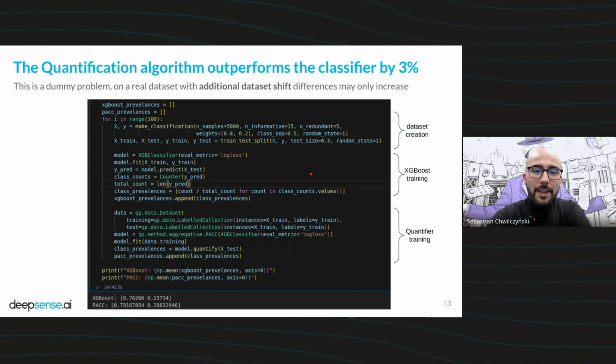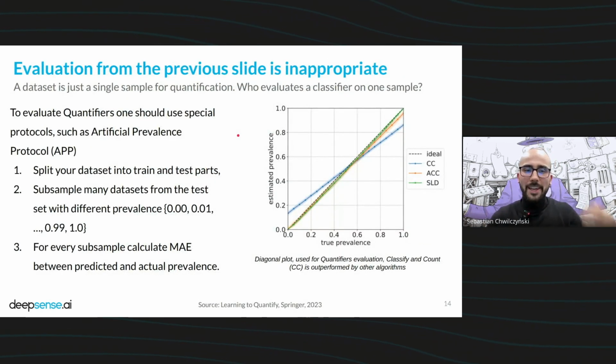Okay, but there's another catch, because here we just made experiments with one data set and compared these ratios to the ones we know. But actually, this is again wrong. If we do more research and read about the quantification problem, we learn that a data set is just a single sample for quantification.